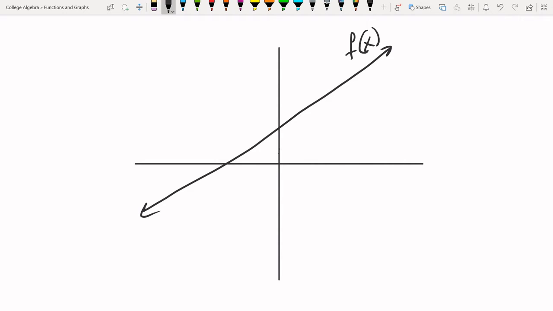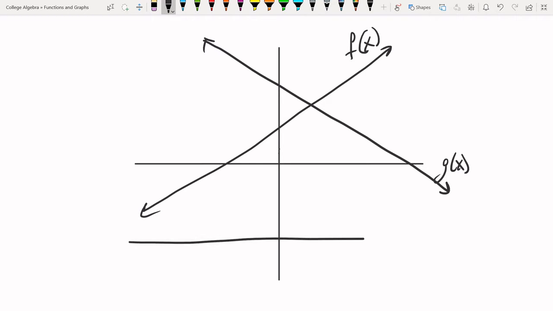The next type is decreasing. That's just where it goes downward as we go left to right. So g of x is a decreasing function. We have a horizontal function, which is just a flat line. It doesn't go up or down. And finally, we have the last type, which is the most unusual, and that is a vertical.